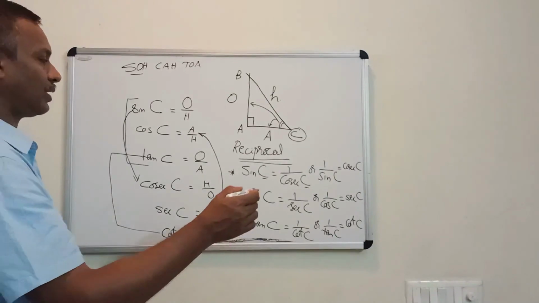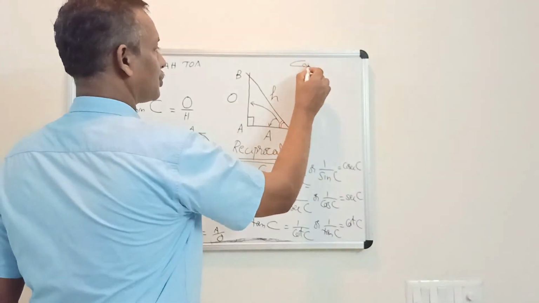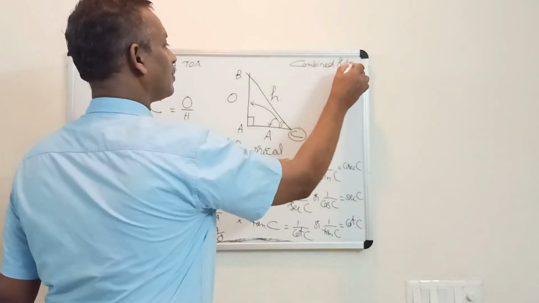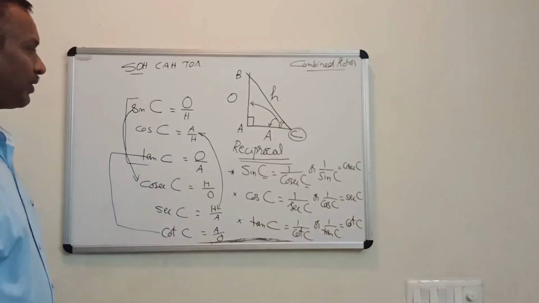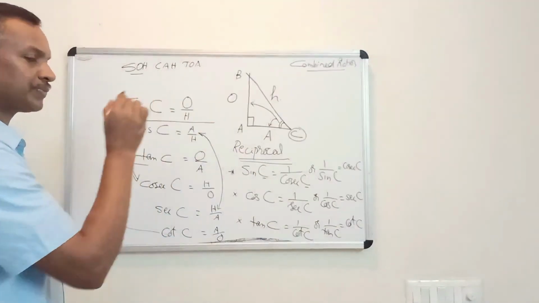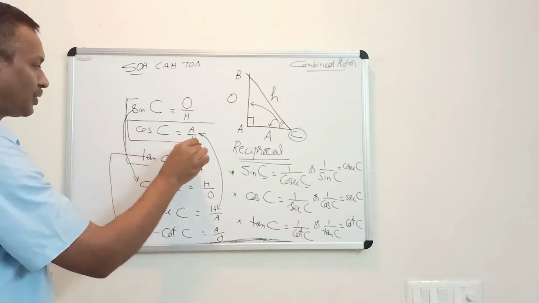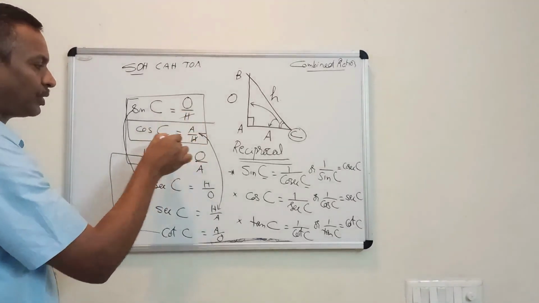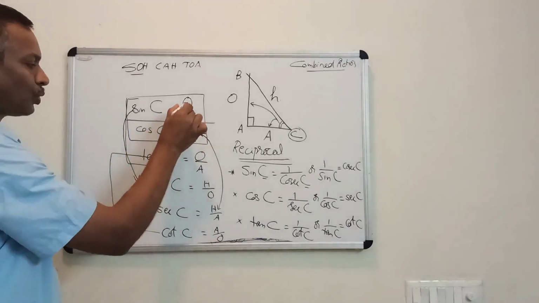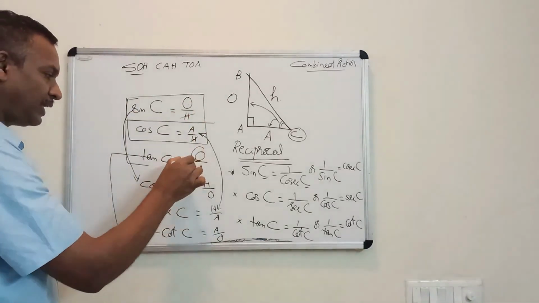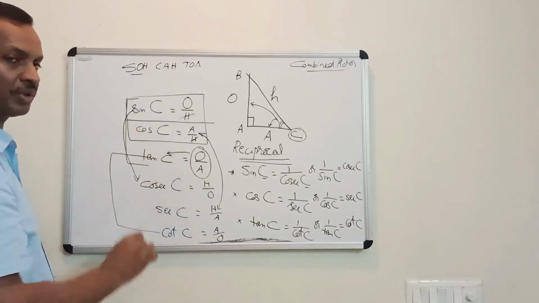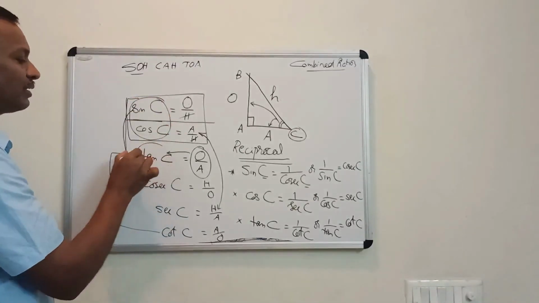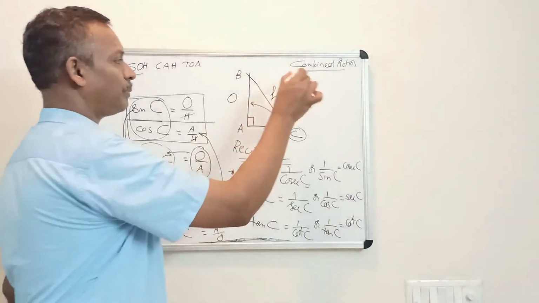And one more I would like to say, the combined ratios. If you divide the first two ratios, sine and cos, then on the right side, hypotenuse will get cancelled. You will get O by A. What does O by A stand for? It is for tan. So we can remember like this: if you divide the first two ratios, you will get the third ratio. So this is a combined ratio.